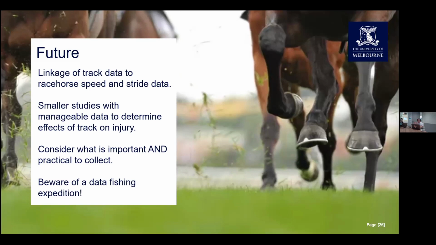And I think you've already got so much data ready to go to try to determine which ones are important to collect. So we should be considering what is important and what is practical, and really beware of a data fishing expedition, because that can create difficulties with large amounts of missing data or holes in the data, and difficulty actually cleaning it and turning it into a format that is analyzable.